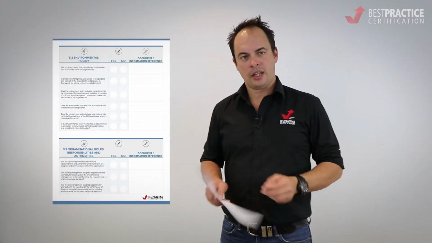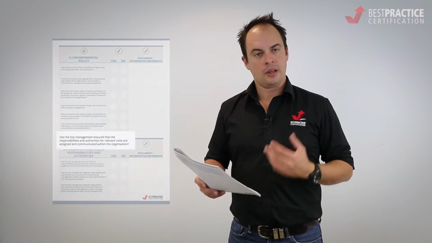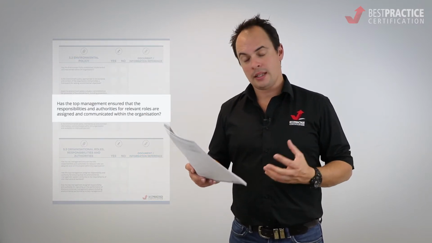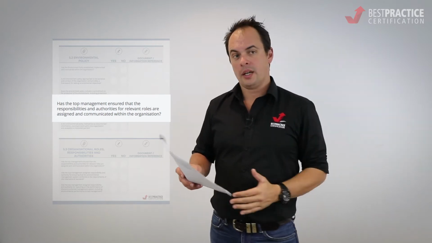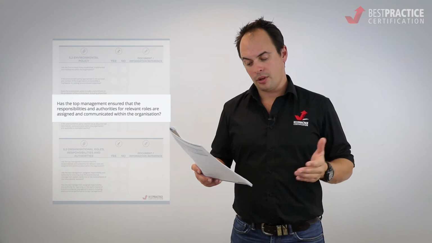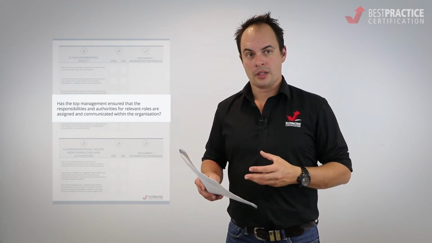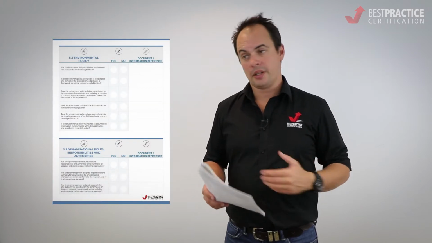Now, the last part of section 5 talks about organisational roles, responsibilities and authorities. And it's important to understand that top management right the way down through the organisation need to ensure that responsibilities and authorities for relevant roles are assigned and communicated within the organisation. It's no point in just writing a document and saying, this person over here is going to be responsible for environmental management.